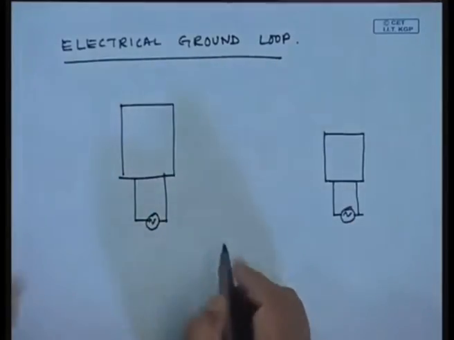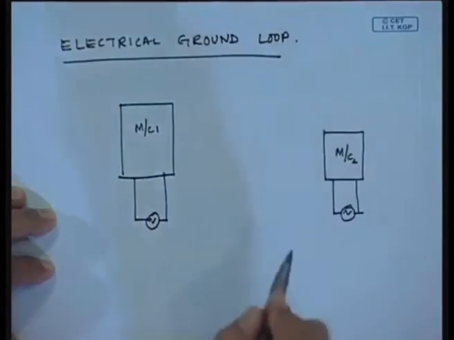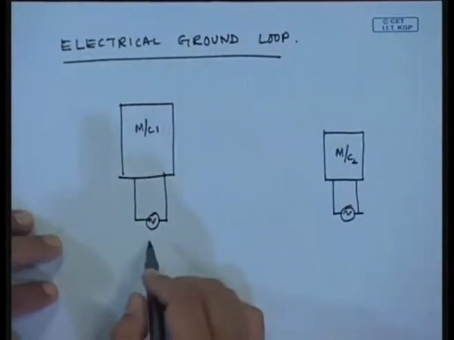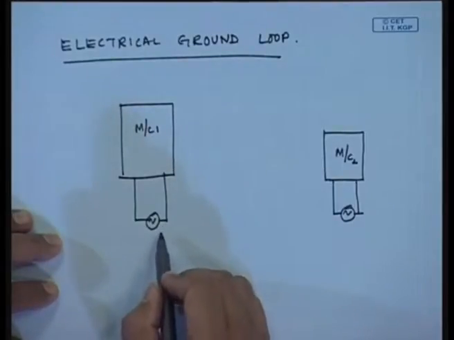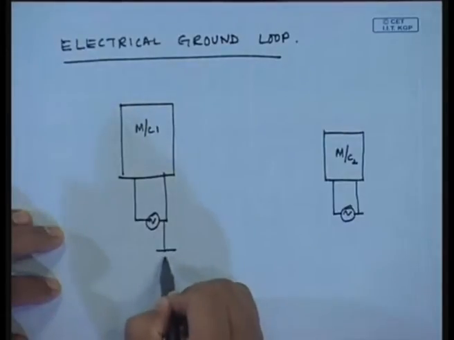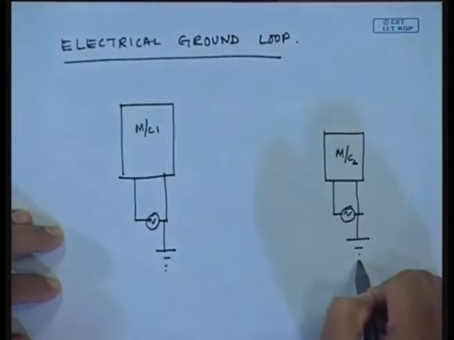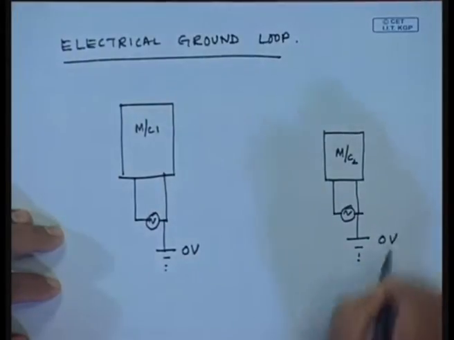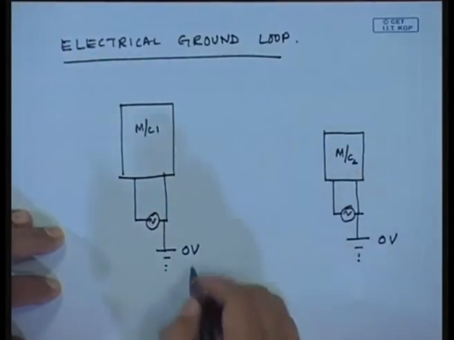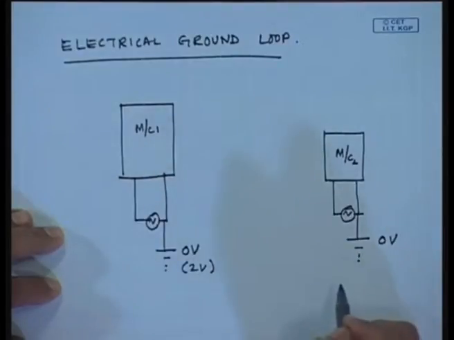Okay, they require an AC supply, machine 1, machine 2, right. Suppose physically this is the ground potential of this. Ideally it should be 0 voltage, but you would have seen in many cases, suppose this is 2 volts instead of a perfect ground, and this is at 0 volt.